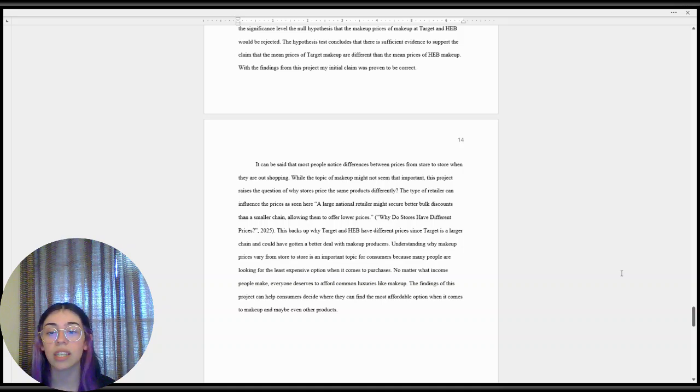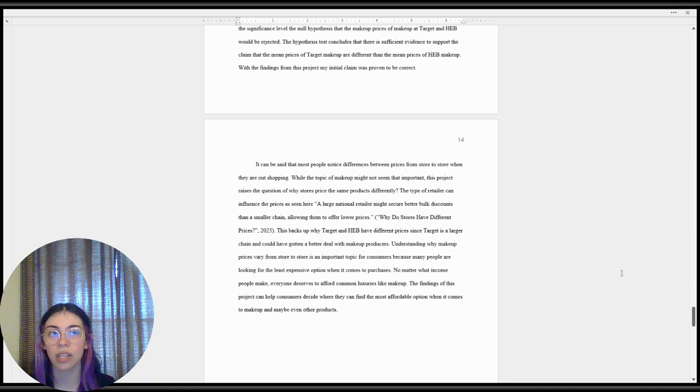So when getting to the part of the conclusion that talks about why this is important to people, this is important because it brings up the topic of why certain stores price their products that are the same differently. Now, this can be for a number of reasons, but a reason that I found supported by an article called Why Do Stores Have Different Prices states that stores can have different prices in the same products because larger chain retailers get better deals from producers.